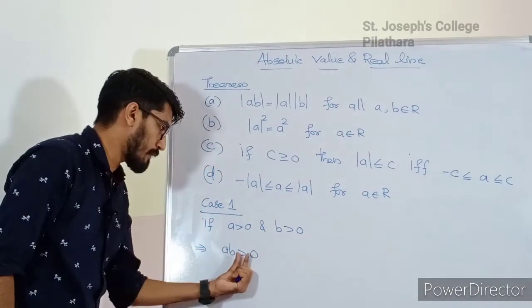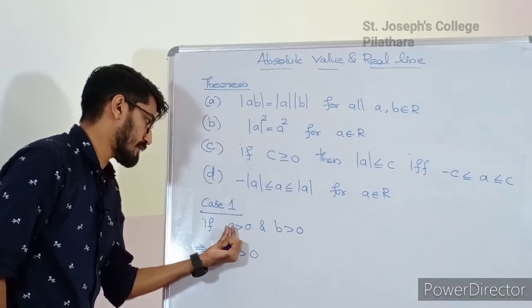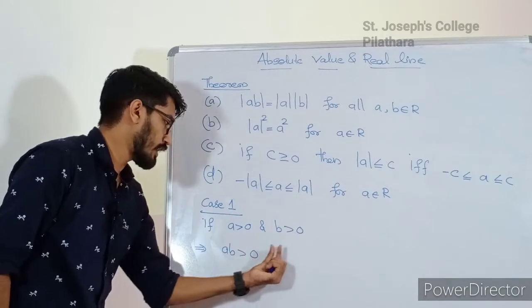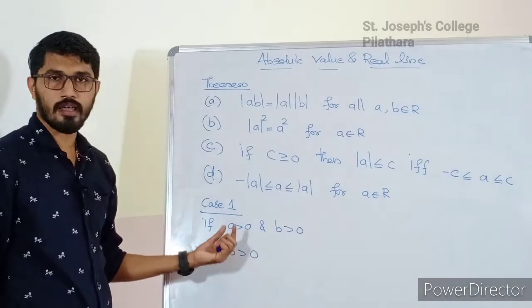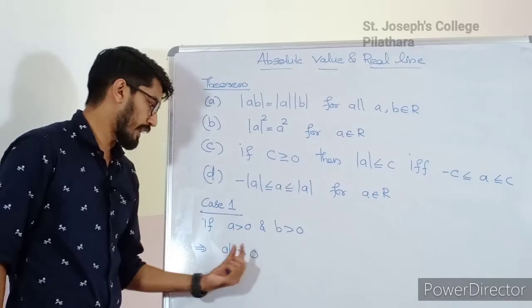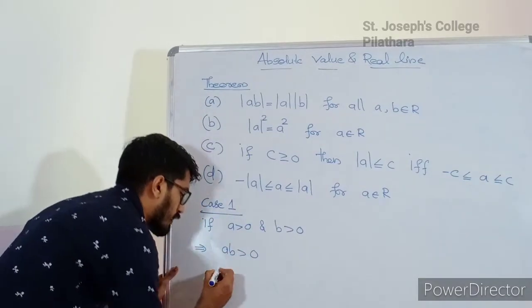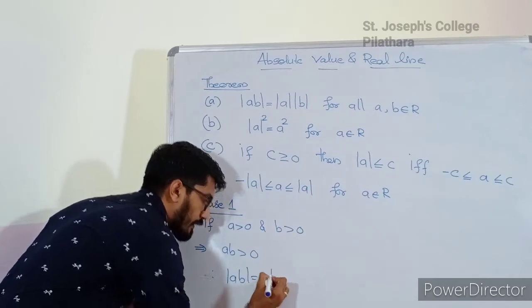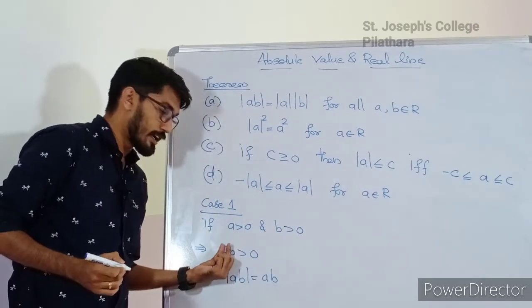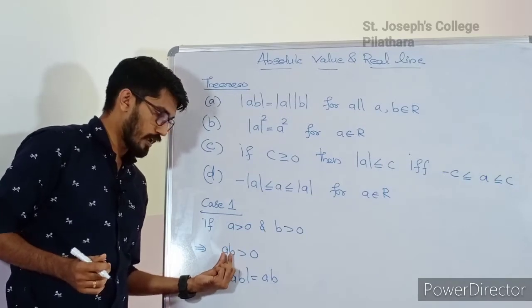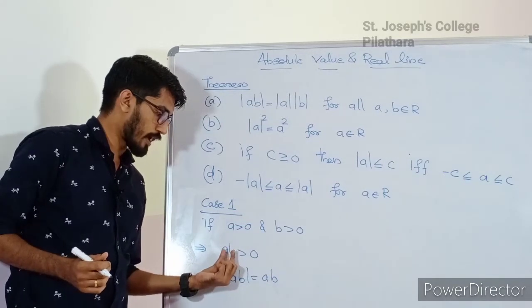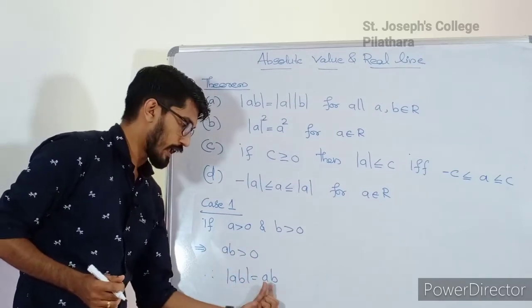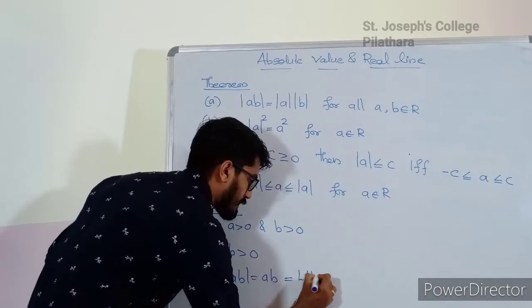The reason is that the product of two positive numbers is again a positive number. Therefore, AB greater than 0. Therefore, modulus of AB is equal to AB, from the definition of absolute value of a real number, since AB is greater than 0. Therefore, absolute value of AB equal to AB, which is equal to the left hand side.